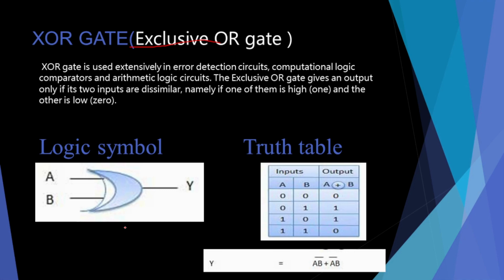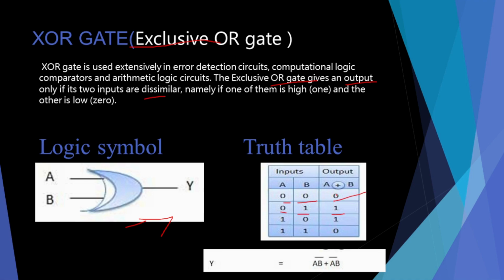It has two or more inputs to produce a single output. The exclusive OR gate gives an output only if it has dissimilar values. It means if its inputs are two different values, its output will be 1. If it has similar input values, the output will be 0.